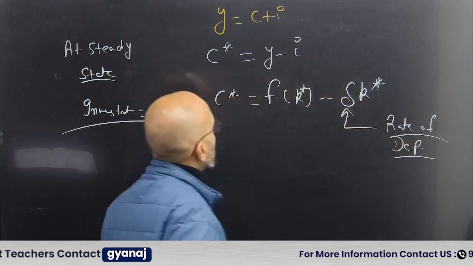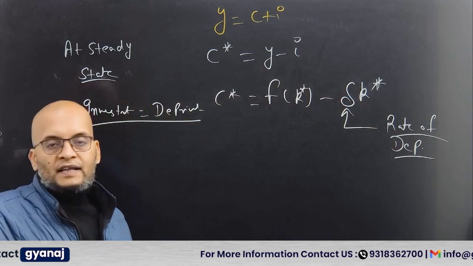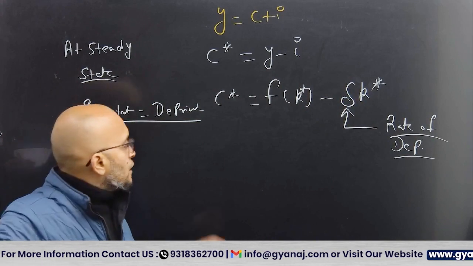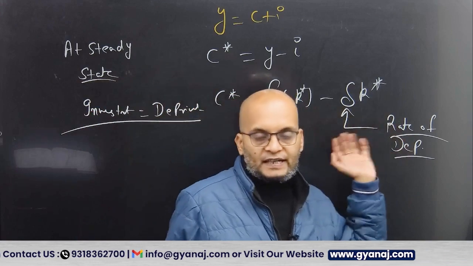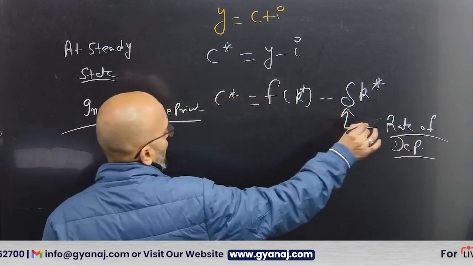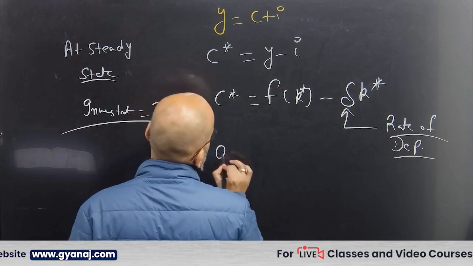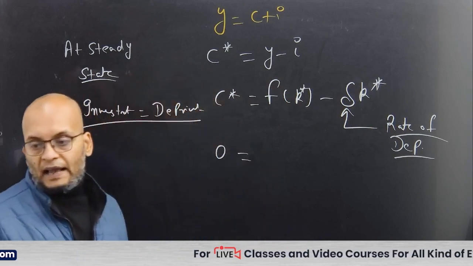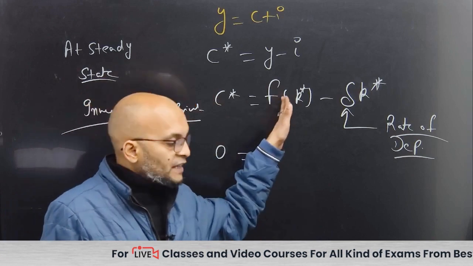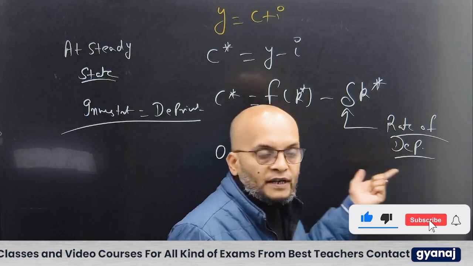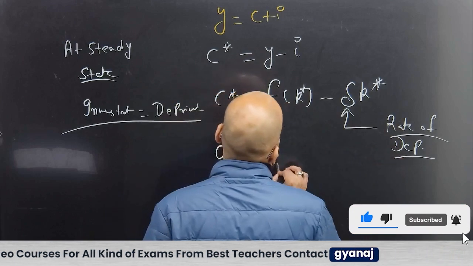Fine. So C star is equal to F(K star) minus del K star. Okay. Now guys, if we differentiate this equation, C star is constant, so it will become 0. F'(K): if you differentiate function of capital, you will get the marginal product of capital, that is MPK.